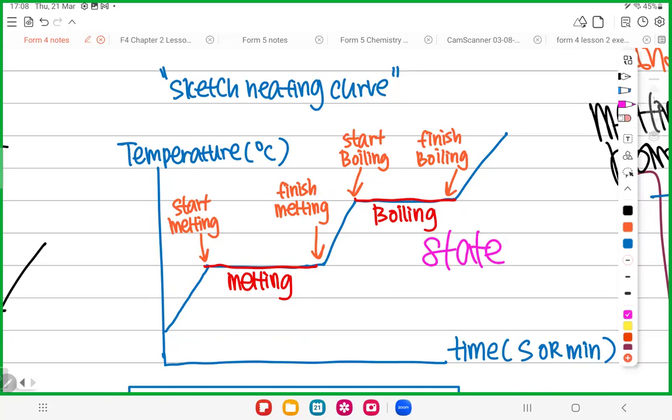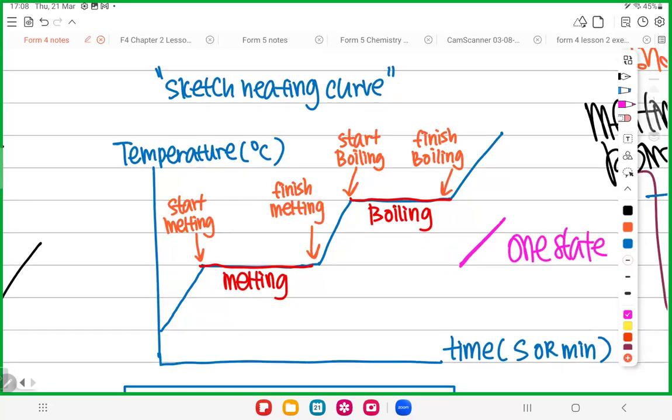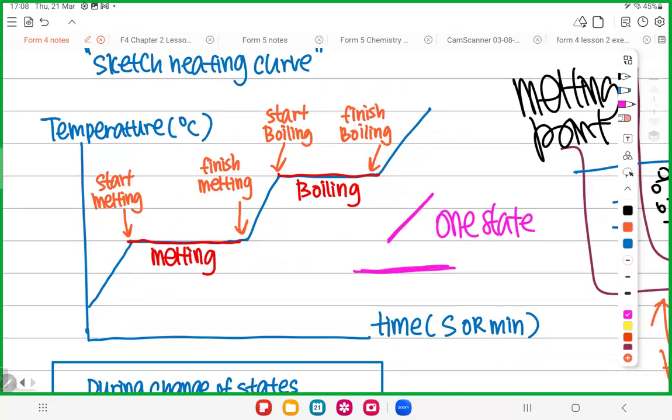So I told you before, when you are on the slanted line, you only have one state. Like you are only solid, only liquid, or only gas. But when you are on the horizontal line, you always have two states. Why?